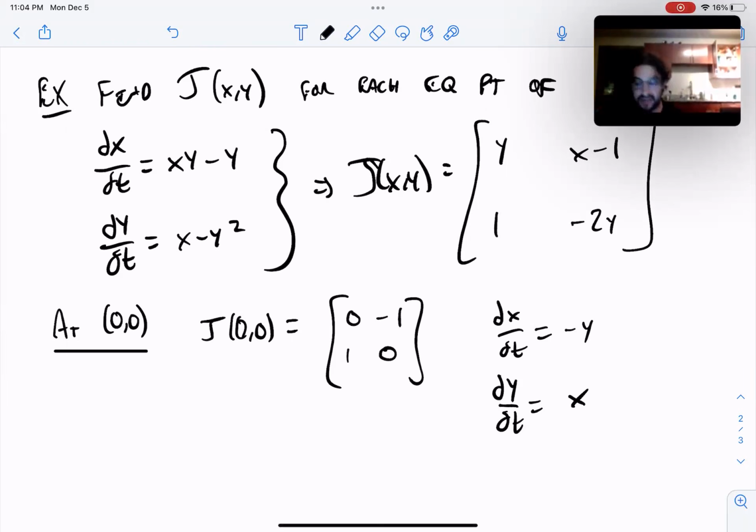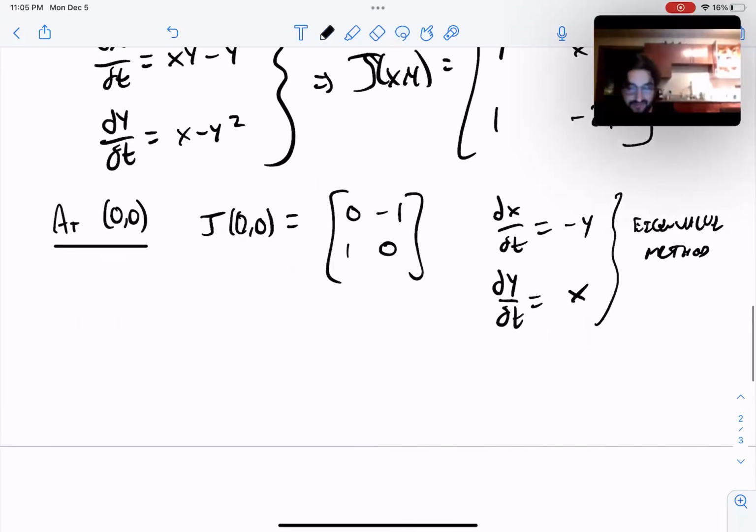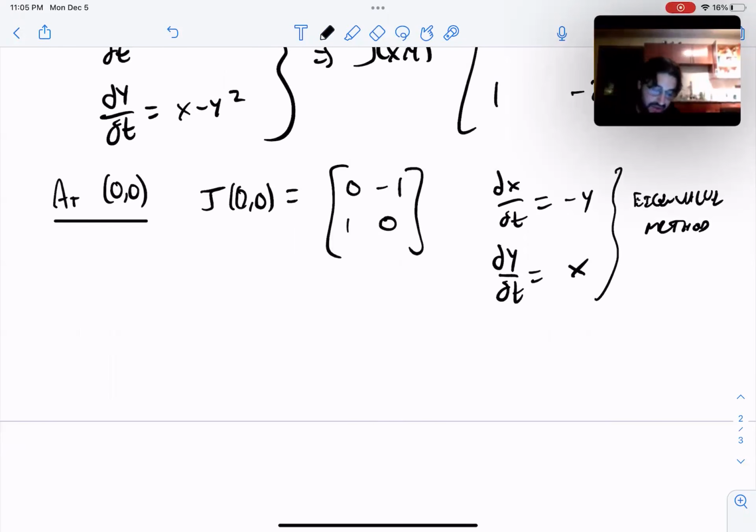And then you could solve this using the eigenvalue method. If you do, you'll get imaginary roots. Why do I know that? Well, you can do a solution by inspection here, at least one solution.